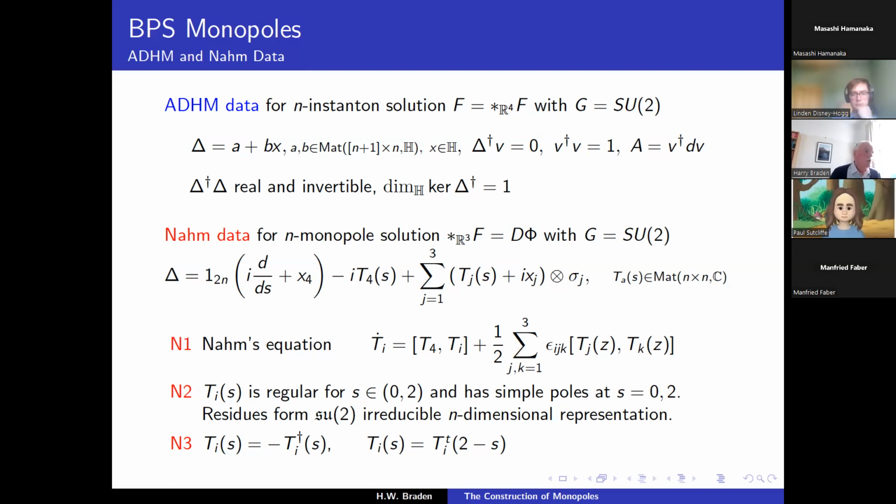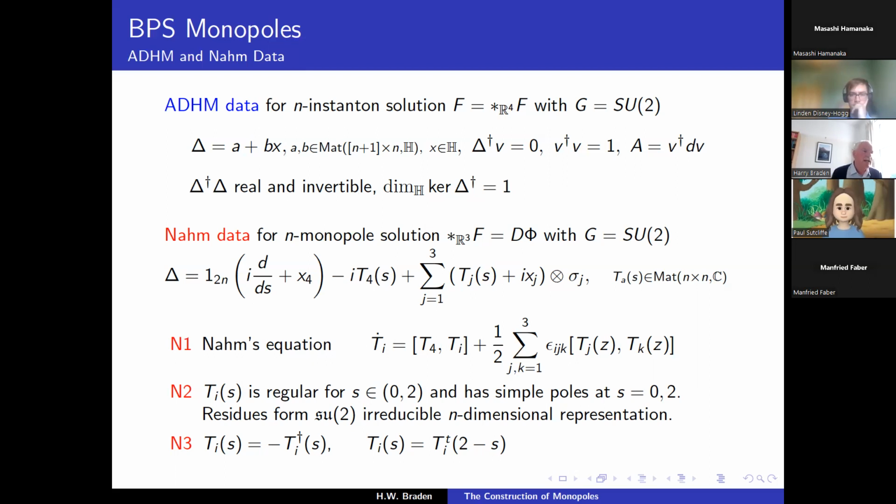For quaternionic linearity, this second constraint arises. And then this equation that I've identified as N2 comes from requiring that the dimension of the kernel of Δ† is 1. So this was Nahm's modification of the ADHM data.